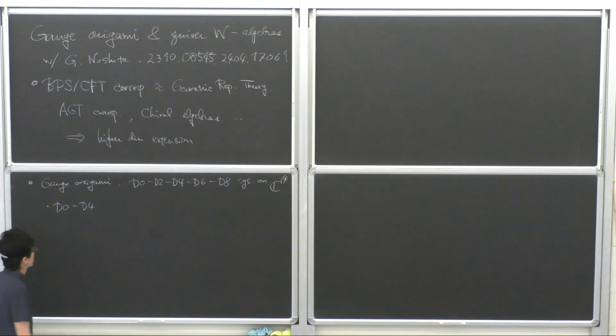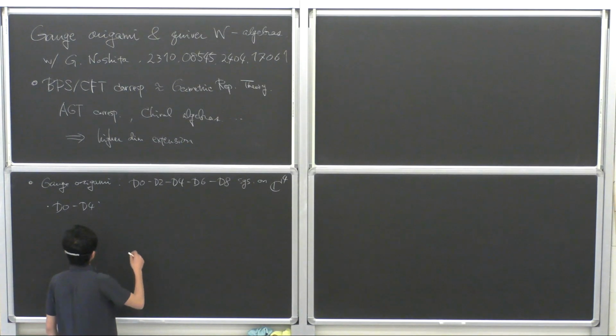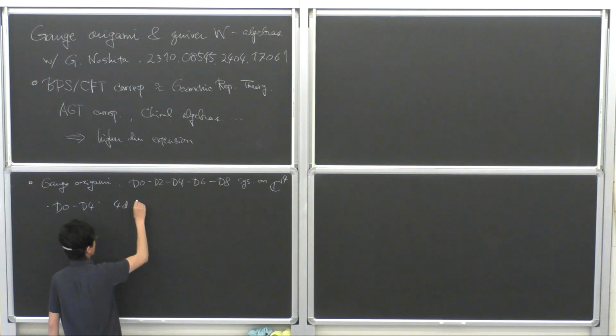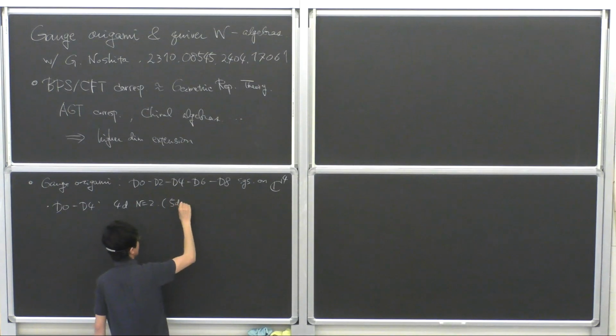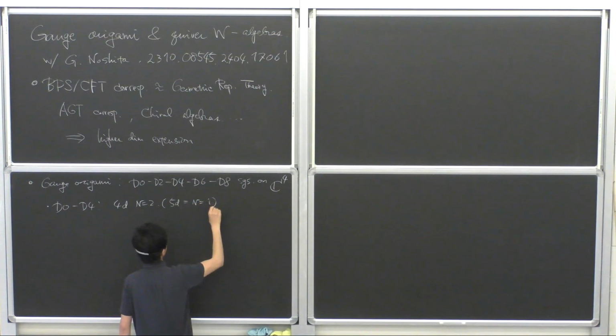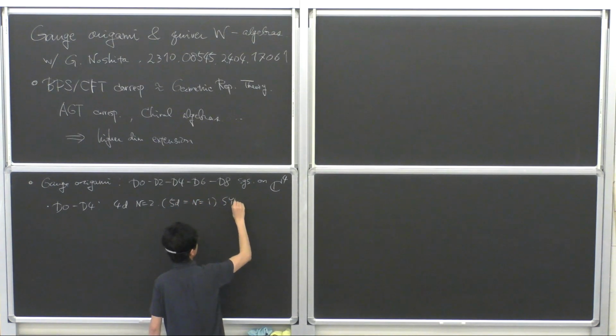In this case, this gauge origami just gives rise to the standard gauge theory, depending on the notation, for example 4D N=2 or 5D N=1 super-Yang-Mills theory.